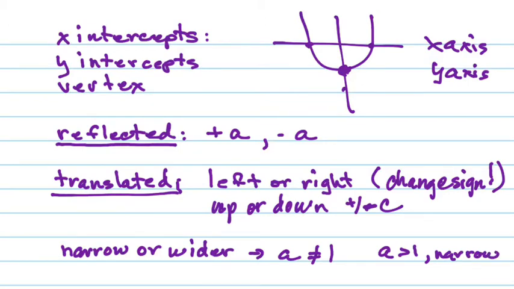The numbers get higher faster, so that it gets very steep. But if our a is between 0 and 1, in other words, a fraction or a decimal, then remember it gets wider. Okay? So we've talked about all of those different cases. Sound familiar?